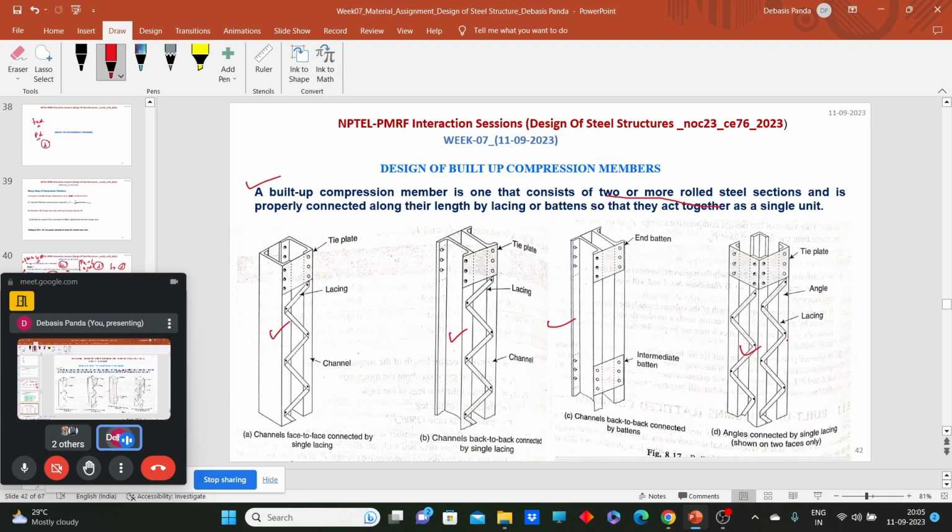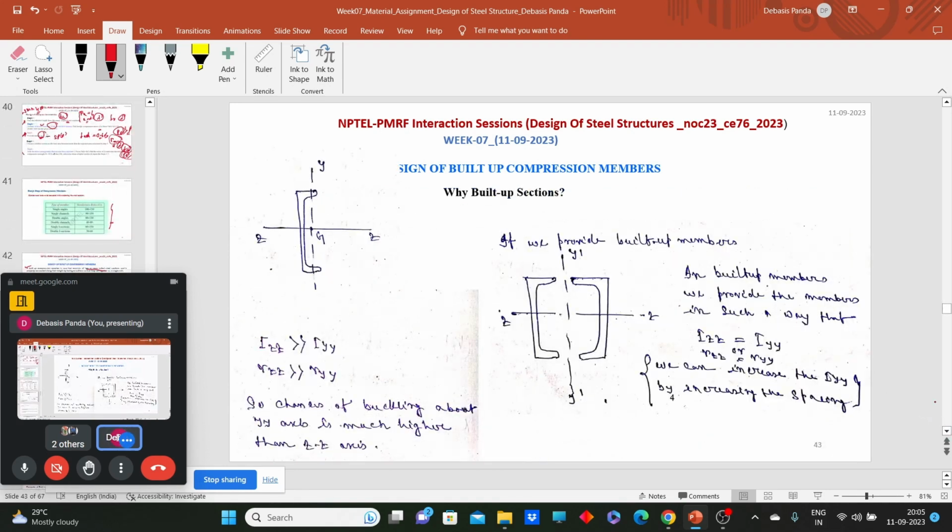Now why do we make this, or why do we need this kind of built up section, what is the necessity of this? Let's first go to it, then we will discuss the built up section again. So for example, if we have a channel section and we have a single channel section as a compression member, we have seen that about the ZZ axis or XX axis, the moment of inertia is more.